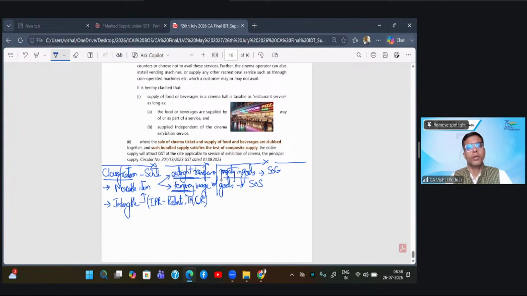Within intangibles, there is one more category, which is information technology software. Again, there are two possibilities: whether it is standardized or customized. Standardized software is where you buy a standardized software off the shelf, like Tally, or the many types of antivirus. Standardized means they are not made specifically for you. They are developed by the company and given to everyone.